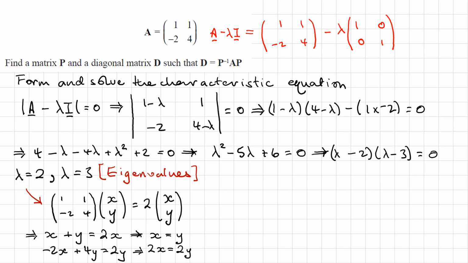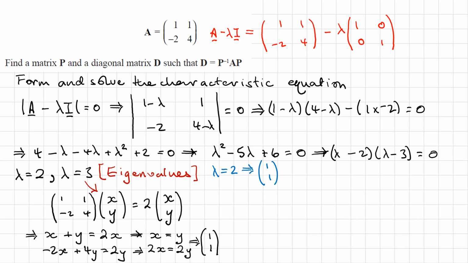So an eigenvector, because obviously there are lots to choose from, where x is equal to y is going to be 1, 1. So for my eigenvalue lambda equal to 2, I get an eigenvector of 1, 1.